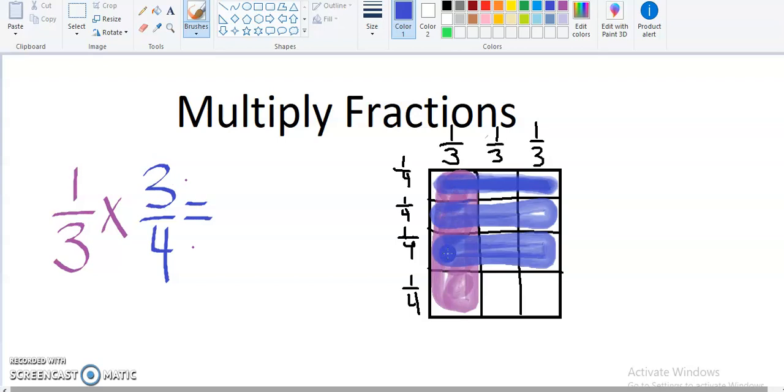Now I'm going to take the orange, and I'm going to outline the smaller squares that have both colors in them. And as you can see, I have 1, 2, 3 smaller squares that are shaded in with both colors.